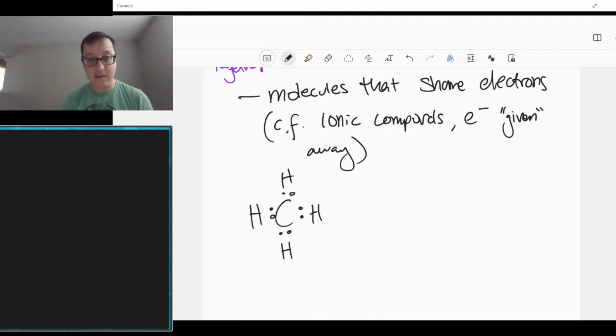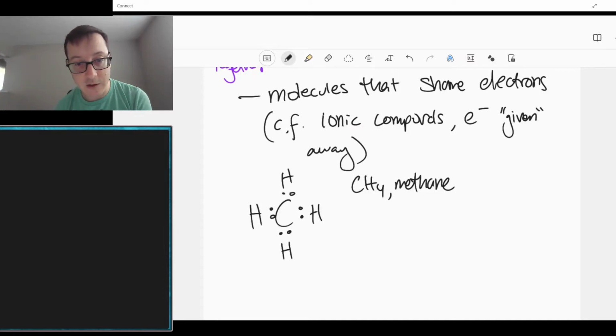We're going to see this is a molecule of methane. Got 1 carbon, 4 hydrogens. And we're going to see how this works is that each of these are going to be sharing electrons. So each hydrogen is sharing a pair of electrons with the carbon.